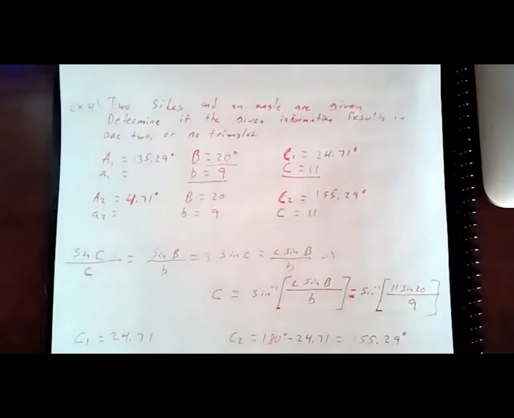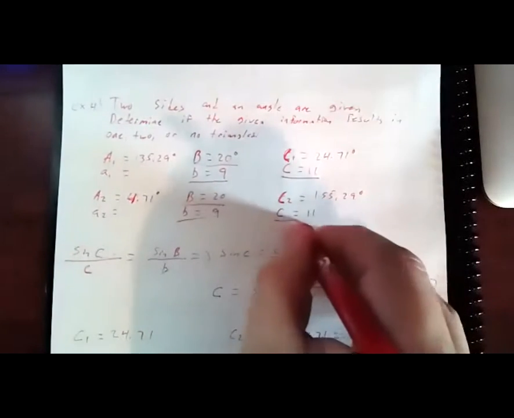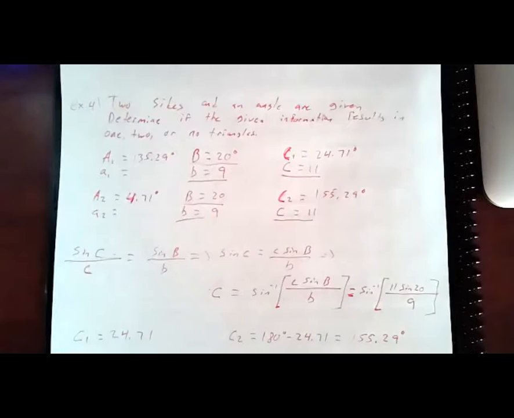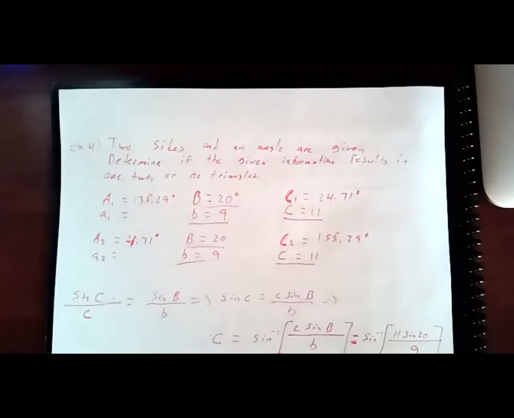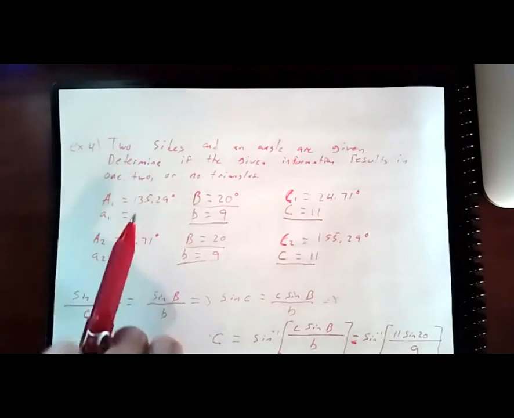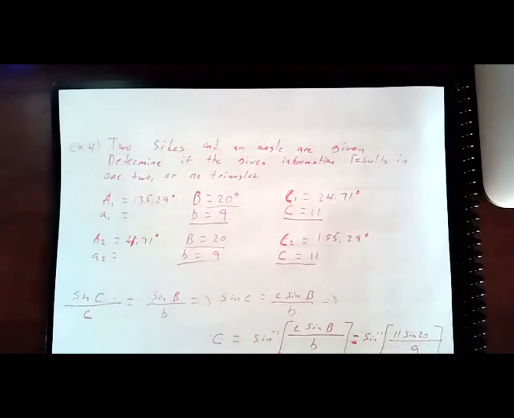And for A1 equals 135.29, you said we're doing 180 minus the 24.71? Yeah, when you have two angles, you just take those two angles away from 180 and the leftover will be the last angle. Well, I'm getting something different. Am I doing something wrong? I'm getting 155.29.